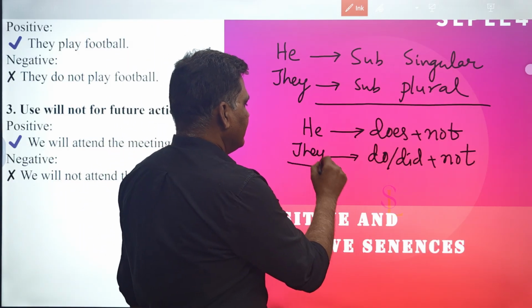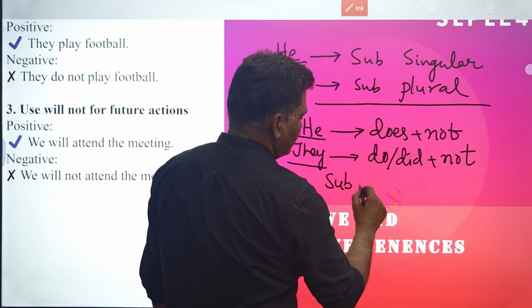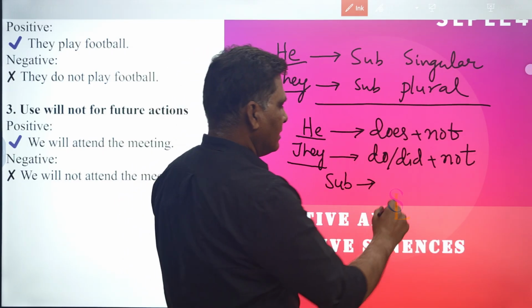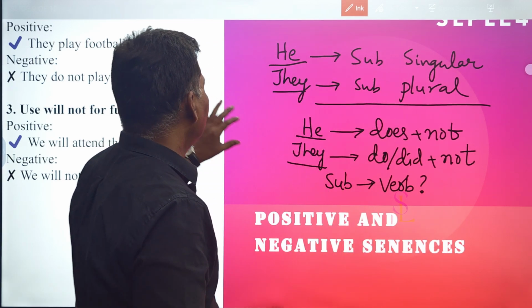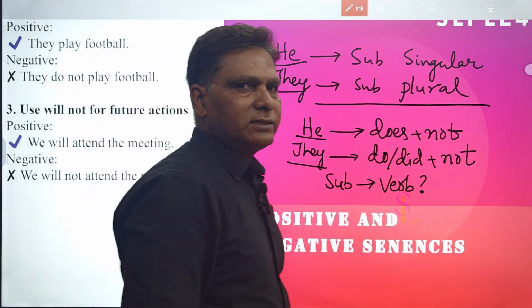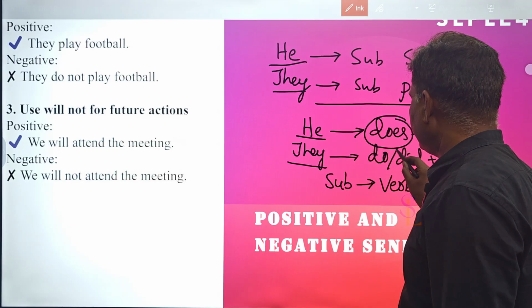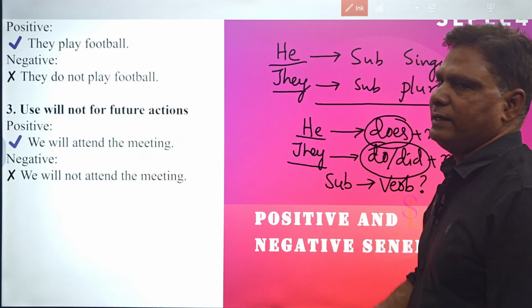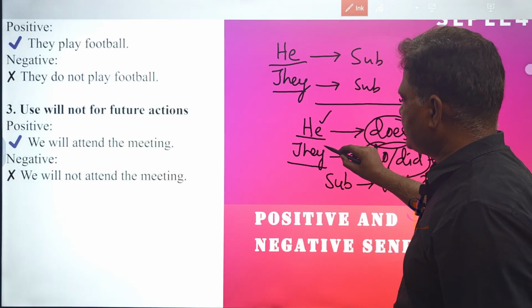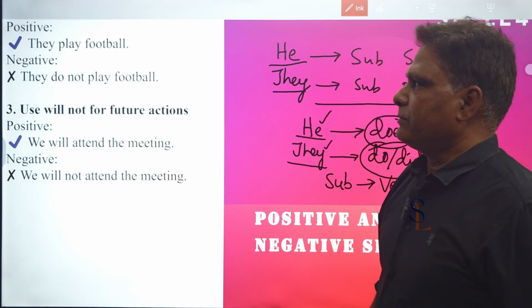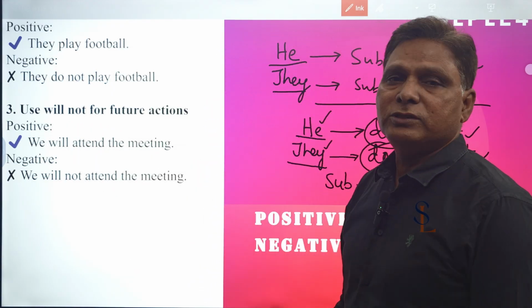So the concept of subject, the concept of verb, how it changes, is all given in this kind of understanding. He takes does, they take do or did, to convert that into negative sentences depending upon the subject singular or subject plural.